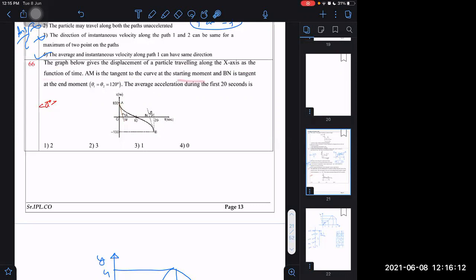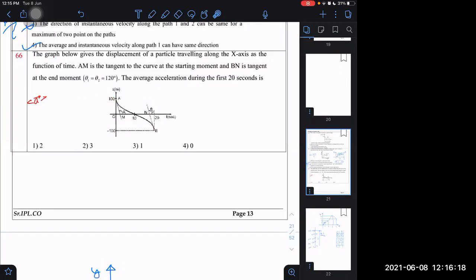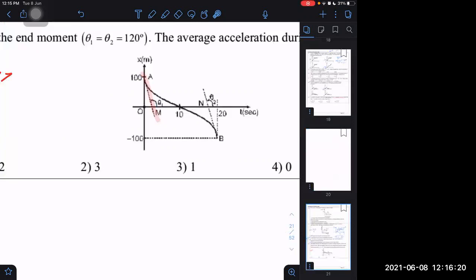BN is the tangent to the curve at the end moment. What do these tangents represent in the x-t graph? These tangents represent dx by dt. And what is dx by dt? Vx. So indirectly I can say Vx is equal to tan theta 1, the initial velocity ux, and the final Vx will be tan theta 2.